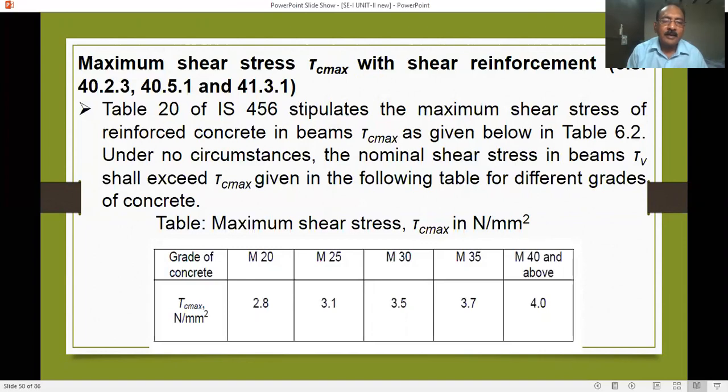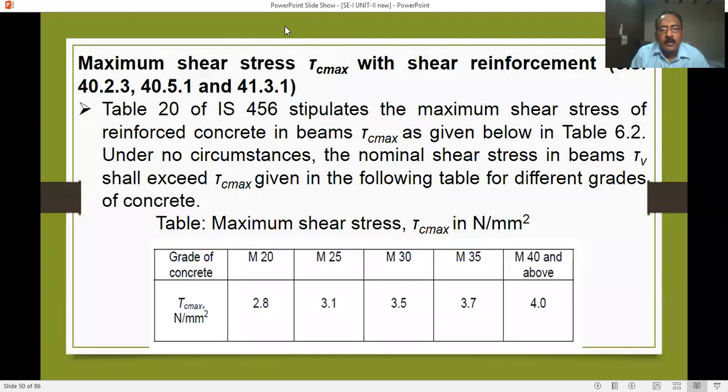But in this, table 19 is different from table 20. In table 19, you will see tau c, that is shear strength taken by longitudinal reinforcement and your concrete. But here, maximum shear stress is calculated from table 20.